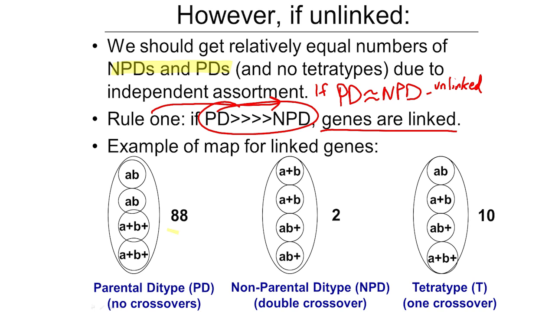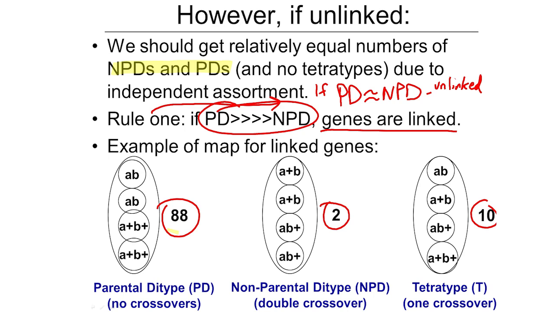All right? So here's an example of a map for linked genes, and I drew them out, but here's data that you could get. Even if they tell you the cross or they don't tell you the cross, you see 88, 10, and 2. The parental ditypes will always be in the most amount, the tetratypes will be next, and the NPDs will be the least prevalent.